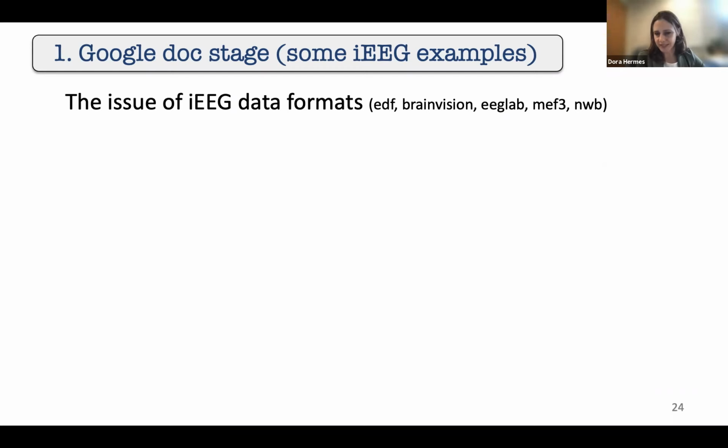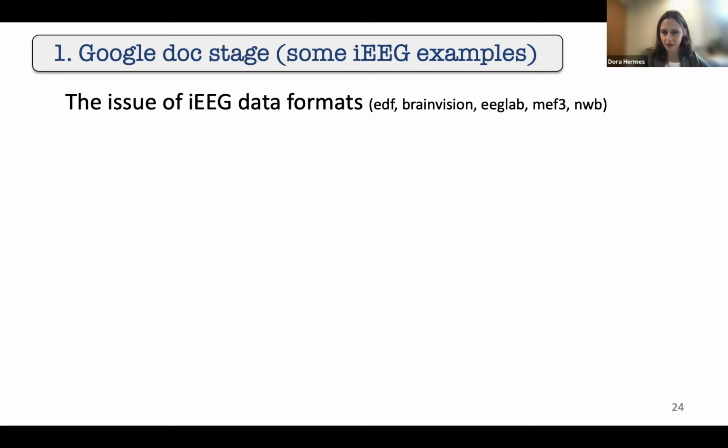So what Chris Holdgraf did at that time is he made a Google survey where he asked people, what are you using? What's the most common format? What's the most used format? What is an open format? What is readable and writable in MATLAB, Python, R, Julia, etc.? What are the most supported formats that we can use now that are usable by as many people as possible?